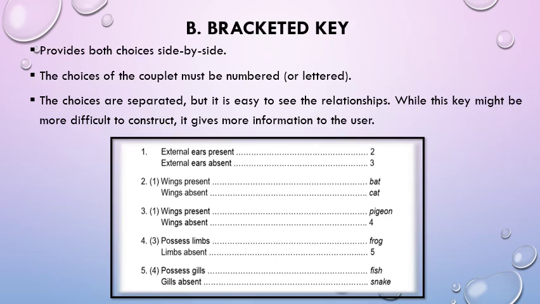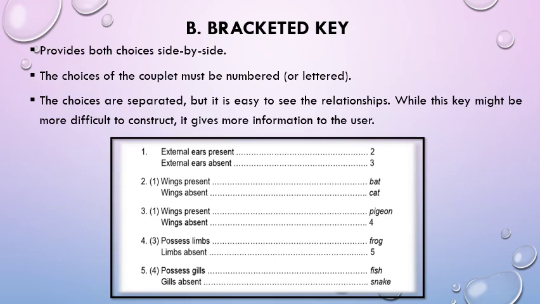Okay, now see number 3. Again you can see that with number 3, in the bracket 1 is written. It's again showing the relationship of this third couplet with the first couplet, because in the first couplet, in front of external ears absent, it is written number 3, meaning number 3 and number 1 couplets are linked with each other.